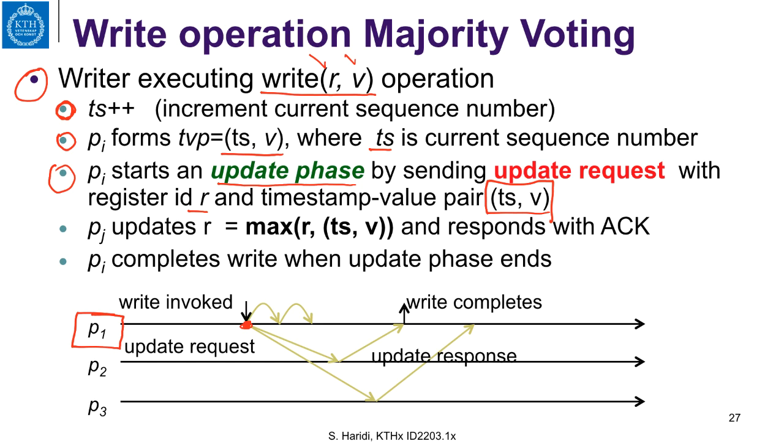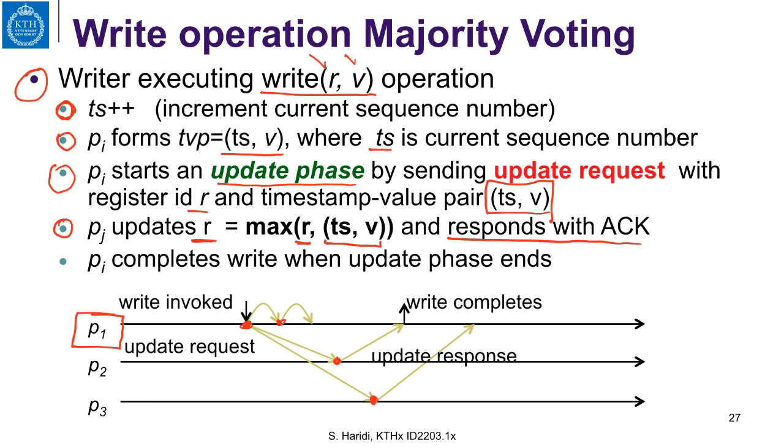Any process that gets the request will update its register to be the max value between the current value of each register and the TSV value pair that it got in the message. So this is what happens here, here, and here. And the process Pj responds with an ACK.